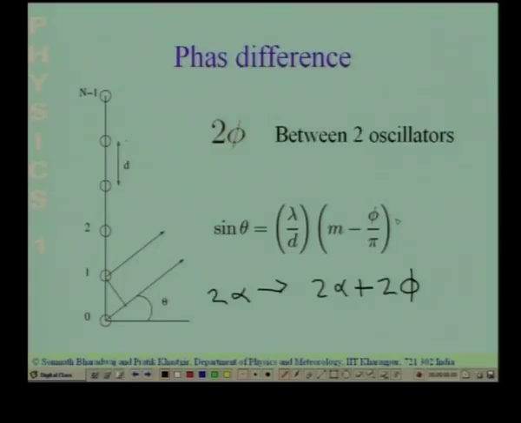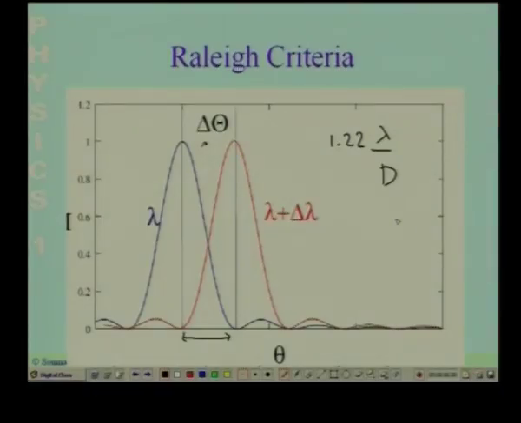So, we have now seen how to also handle the situation where the oscillators are not oscillating with the same phase, but there is a phase difference of phi between any two consecutive oscillators. Let me now give you a small problem and I will end the lecture over here.